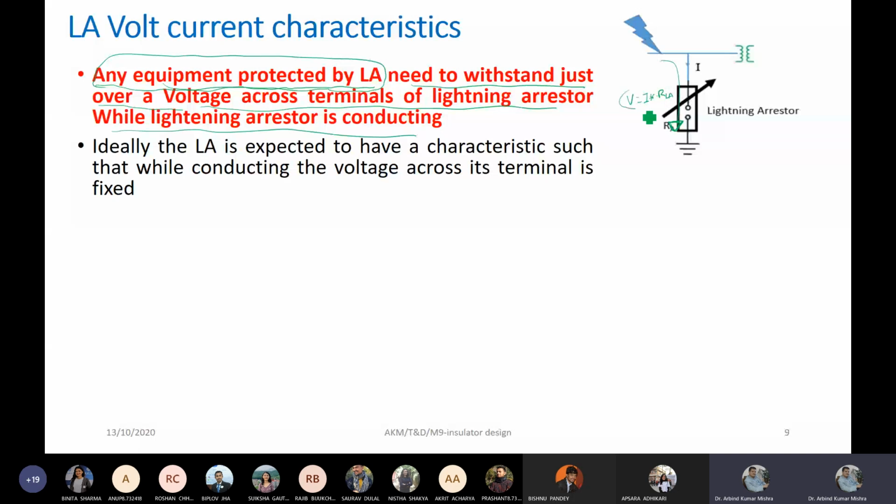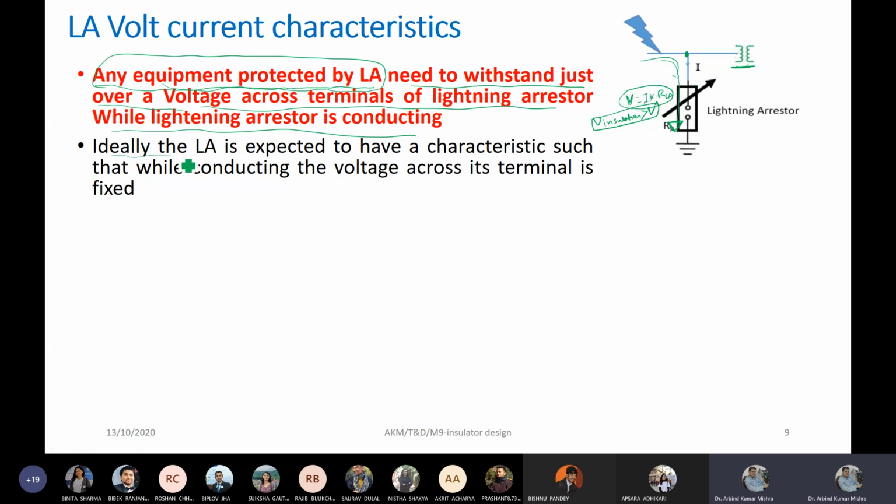So the insulation level of the equipment must be designed so that V insulation of the equipment is greater than this V, because this is the voltage at this point when it conducts. Once we protect the insulator of this transformer, it should withstand this voltage. Otherwise, if the insulator fails even at a lower voltage than this, there is no use of the lightning arrestor.